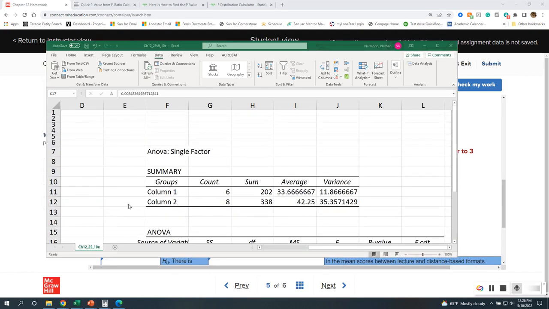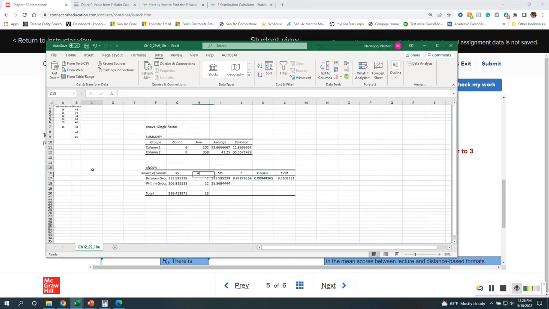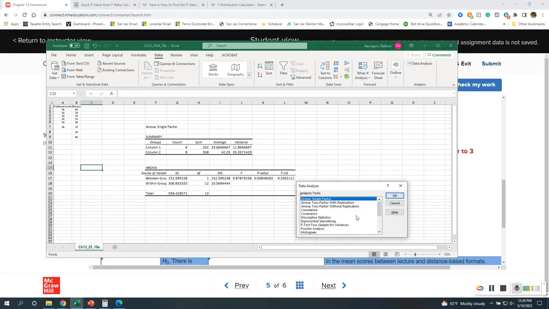Or there may be a sneaky way in Excel. So, I'm going to zoom out real quick. We're going to do a data analysis. And look, there's a t-test.